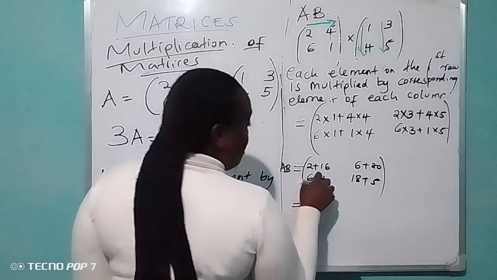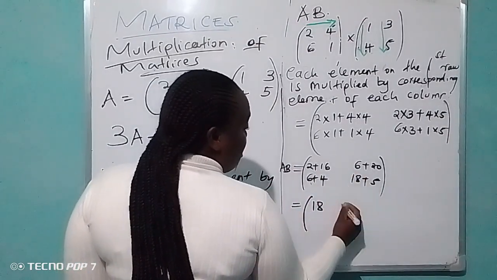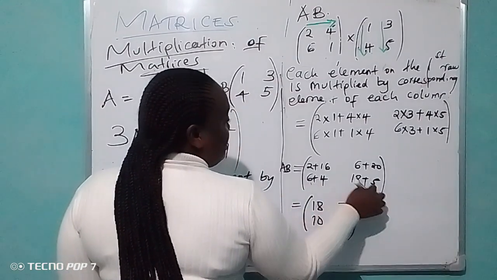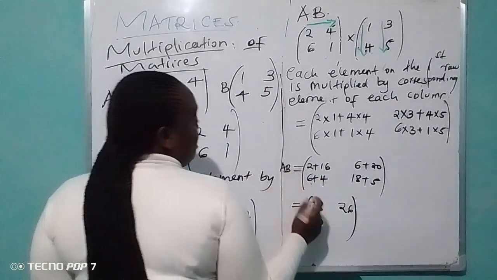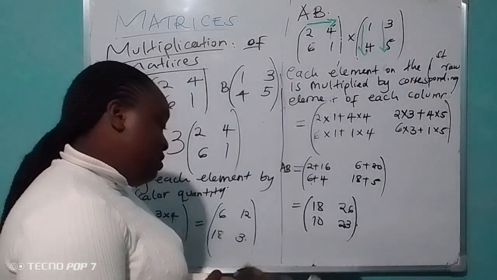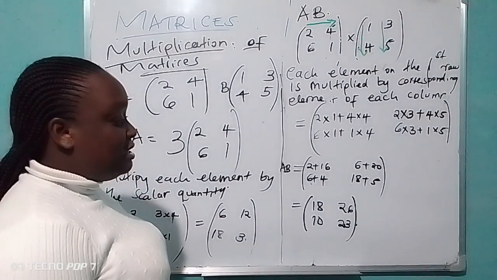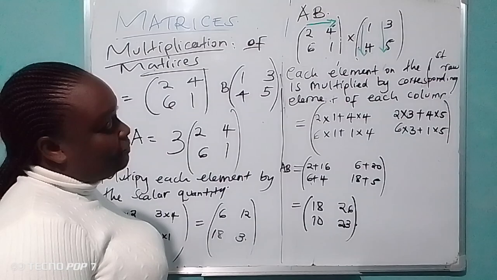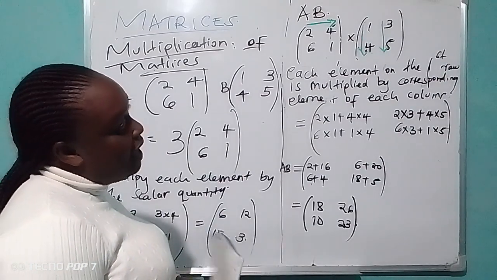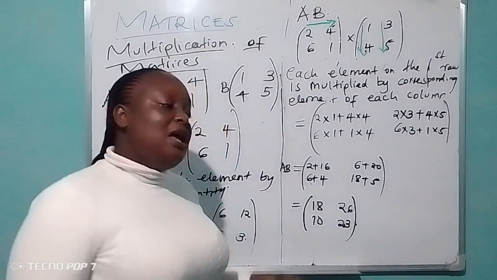So that's how you multiply. We multiply rows with corresponding elements on the column.